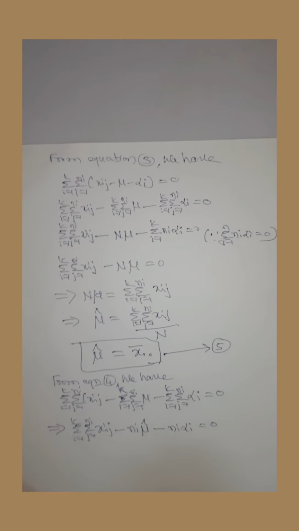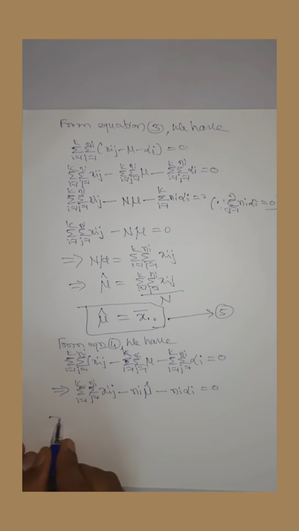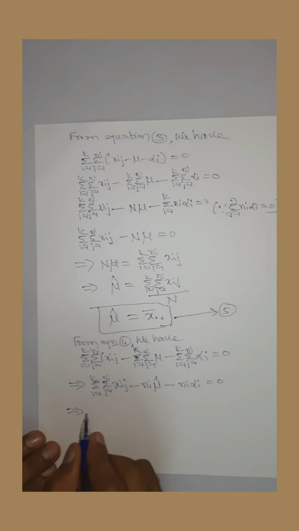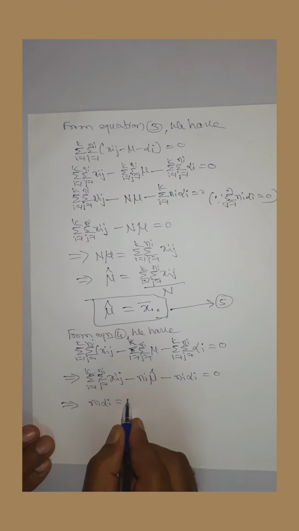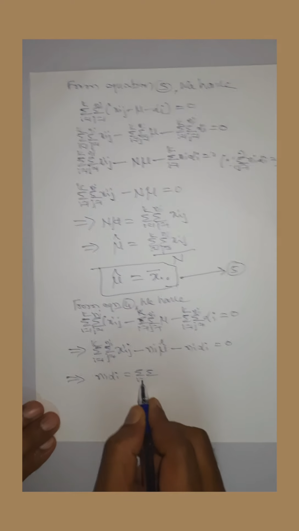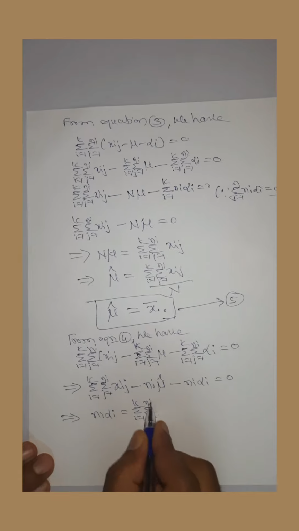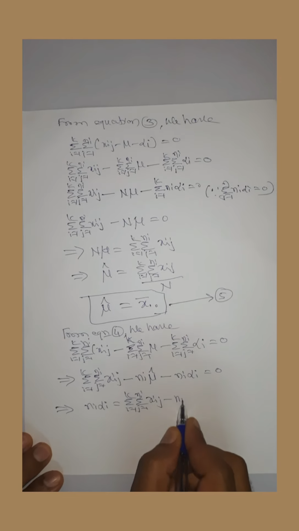Summation j equals 1 to ni is nothing but ni. This implies, take ni alpha i on the LHS side, ni alpha i is equal to double summation i equals 1 to k, j equals 1 to ni, xij minus ni mu.